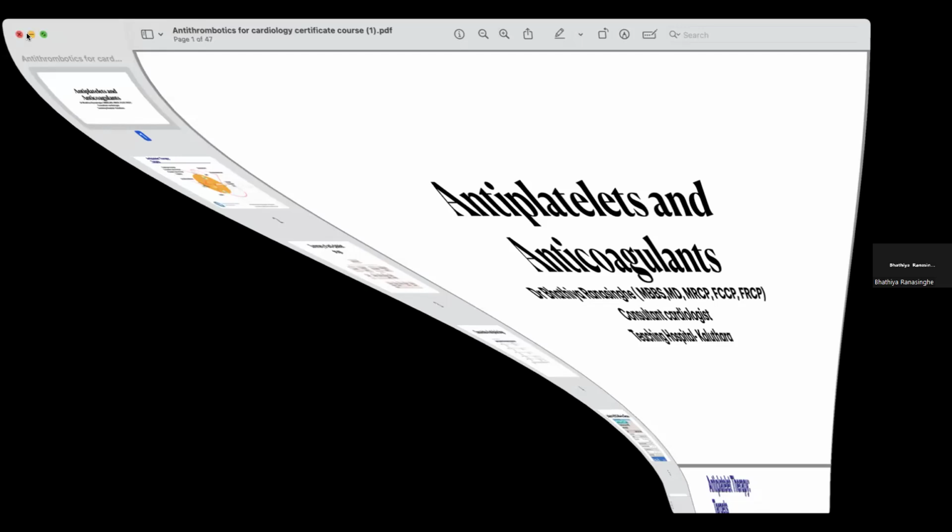So that is about the way the receptors are blocked. And then we need an understanding of the different antiplatelets. So I will talk here about the commonest used antiplatelets and their half-lives, and how they act. Now, aspirin inhibits the COX enzyme, as I mentioned.